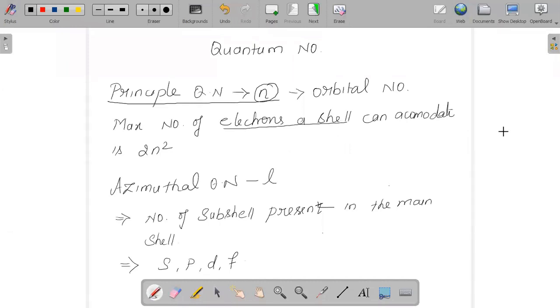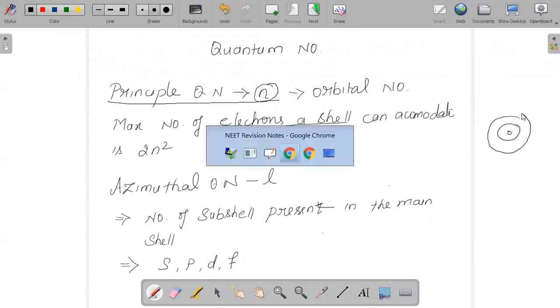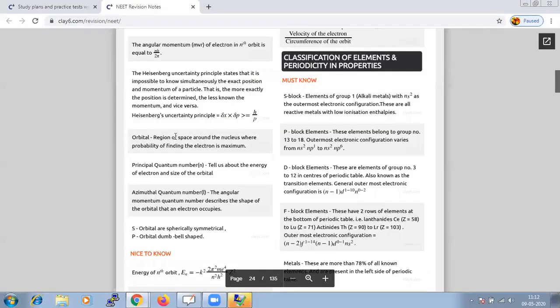As I told you, the nucleus is in the center and electrons are revolving around the nucleus, and we have discussed that this is the energy level.